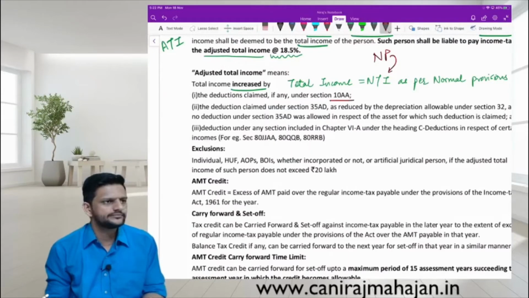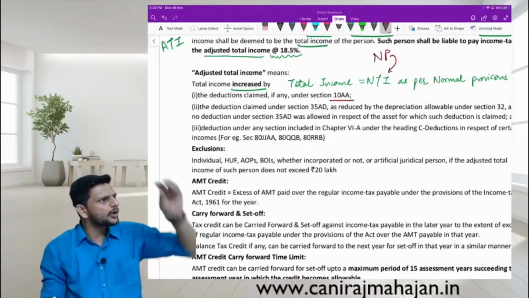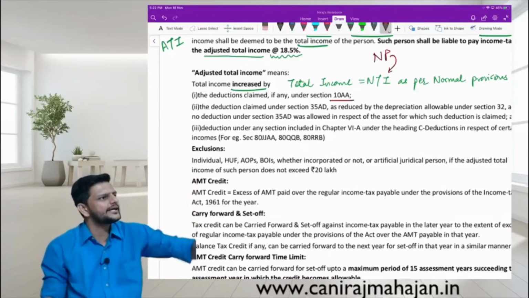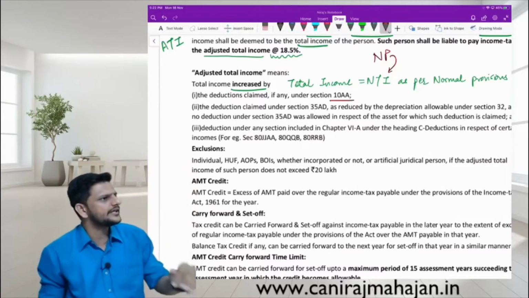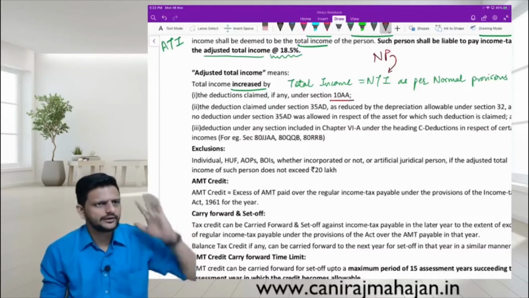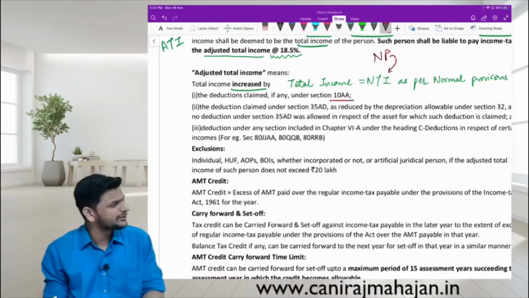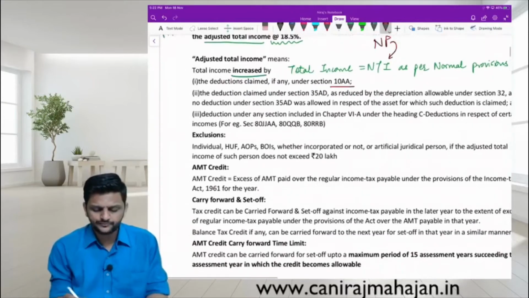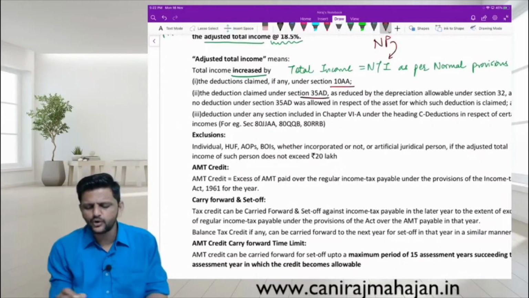What is 10AA? SEZ unit export. Profits from SEZ unit, deduction under 10AA you have done or not. Deduction is claimed, so add back the deduction of whichever 10AA is claimed. Next one. Deduction claimed under section 35AD. What was 35AD?